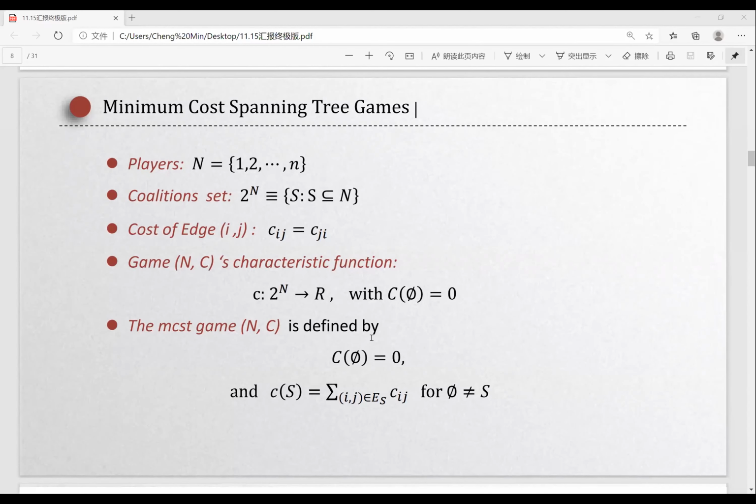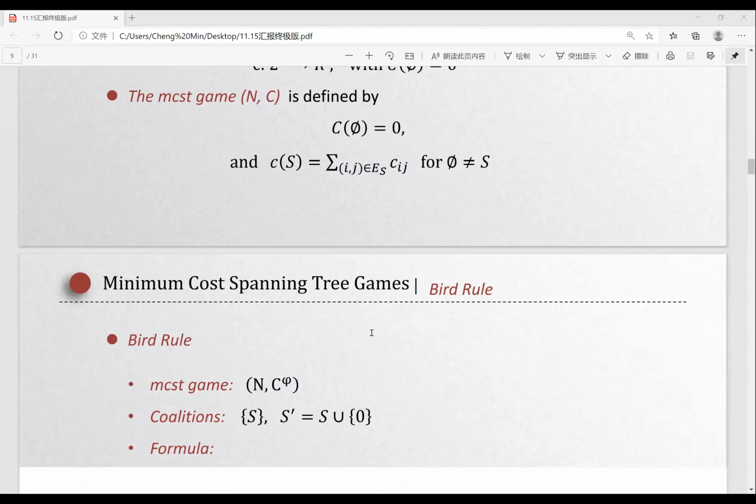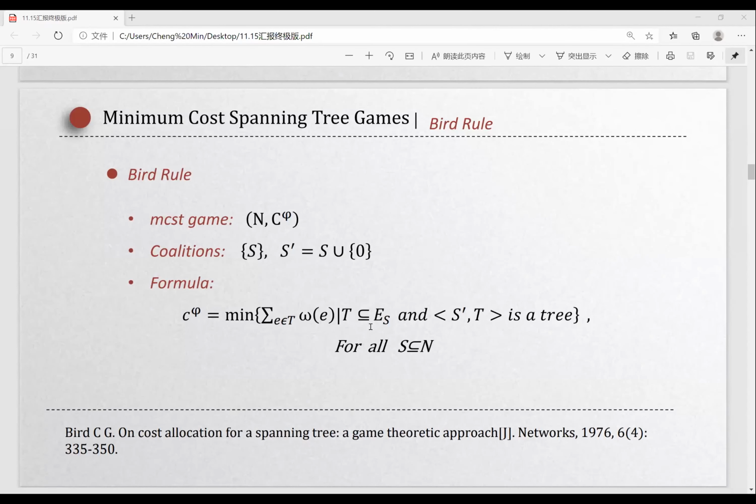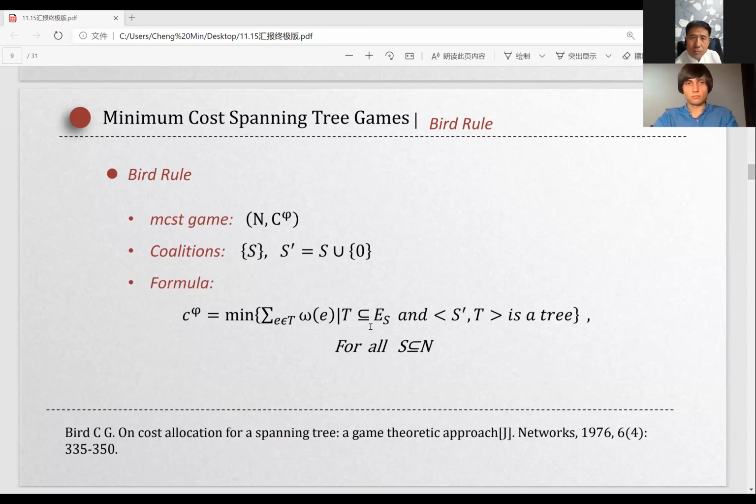A problem related to the optimization problem is how to allocate the cost of the edges of a minimal cost spanning tree among the players in a reasonable way. In 1976, Bird associated a minimal cost spanning tree problem to a minimal cost spanning tree game.